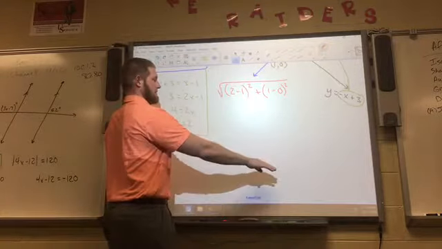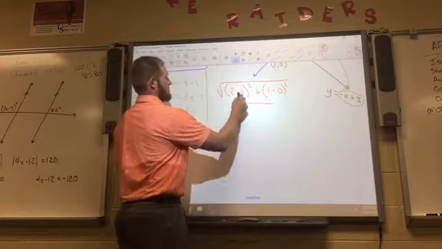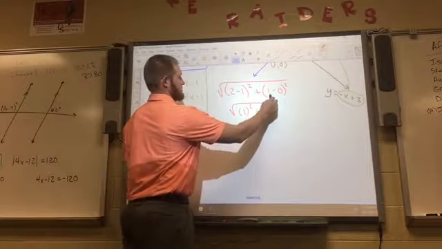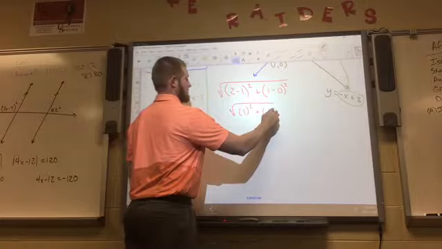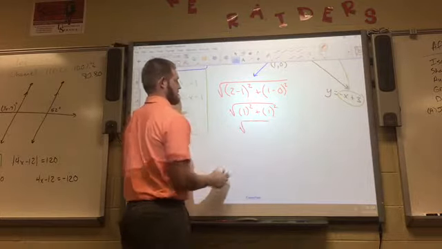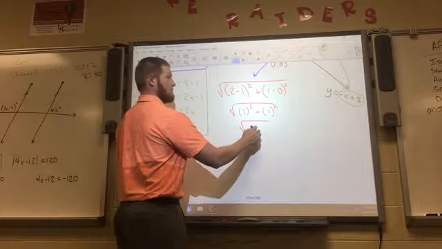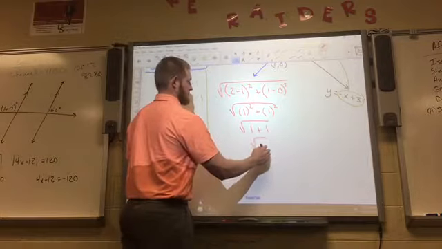I know when I'm done solving this, I have my answer. So, 2 minus 1 is 1, plus 1 minus 0, 1, squared. I know you might not do all these steps, but I just want to show it. 1 squared is 1, plus 1 squared is 1, so I have the square root of 2.